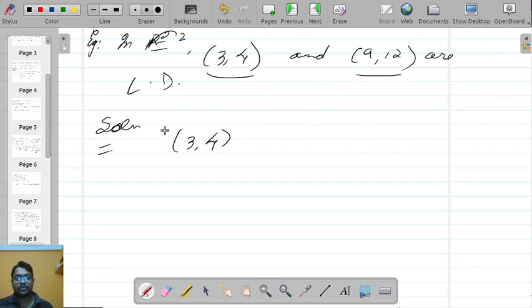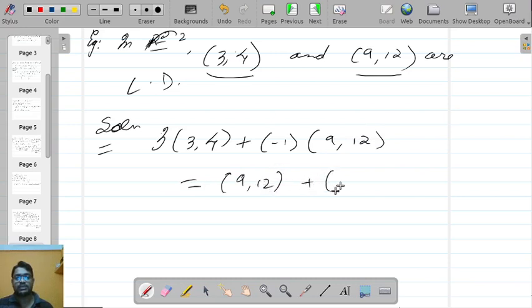If you observe carefully, this is obtained by multiplying by 3. So 3 into this plus minus 1 into (9, 12). What does it evaluate to? This is (9, 12) and this is (minus 9, minus 12). If I add them, this is going to be (0, 0). But here the scalars are non-zero. 3 is non-zero, minus 1 is non-zero.